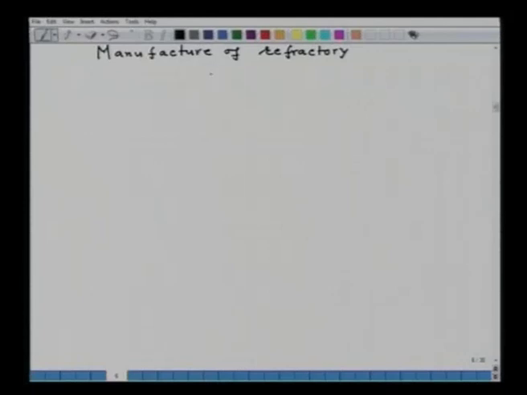When they are manufactured from the naturally occurring material, we have to take care of certain material properties during the manufacture stage. So, I will draw a flow sheet so that you can understand the manufacture of refractory. Say we have the mined material.